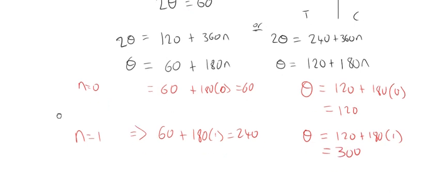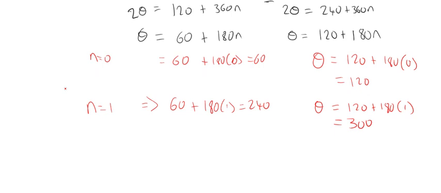And then if you were to try 2, so n equals 2, so it's 60 plus 180 times 2. So 180 times 2 is 360 plus 60 is 420.